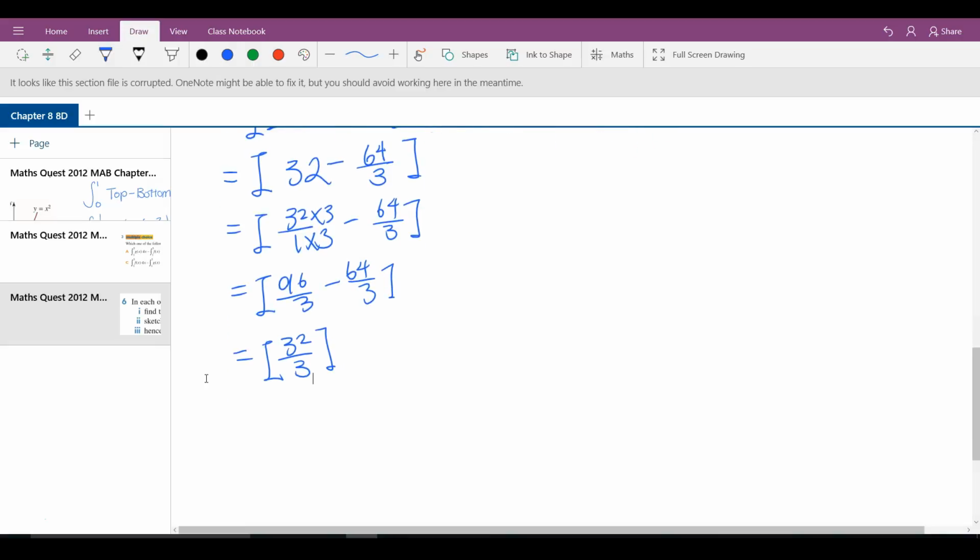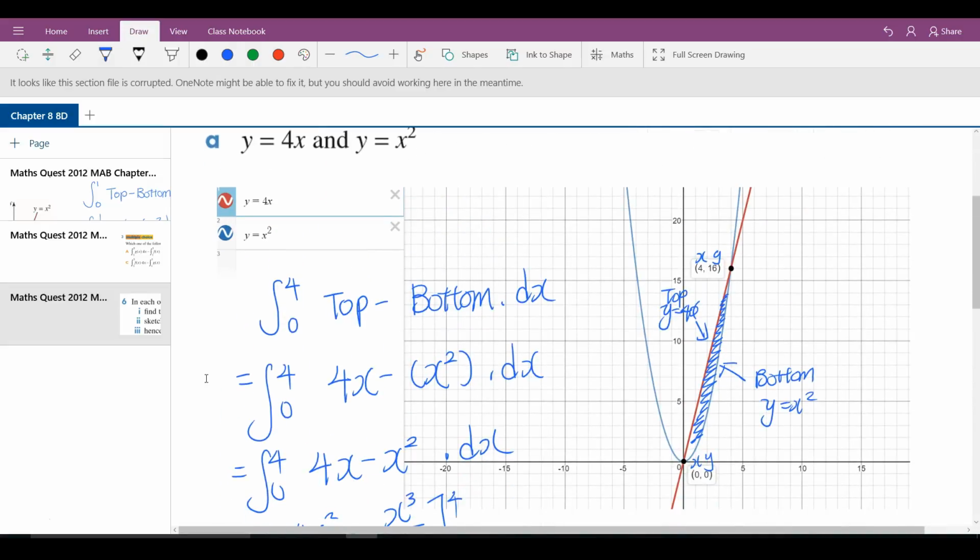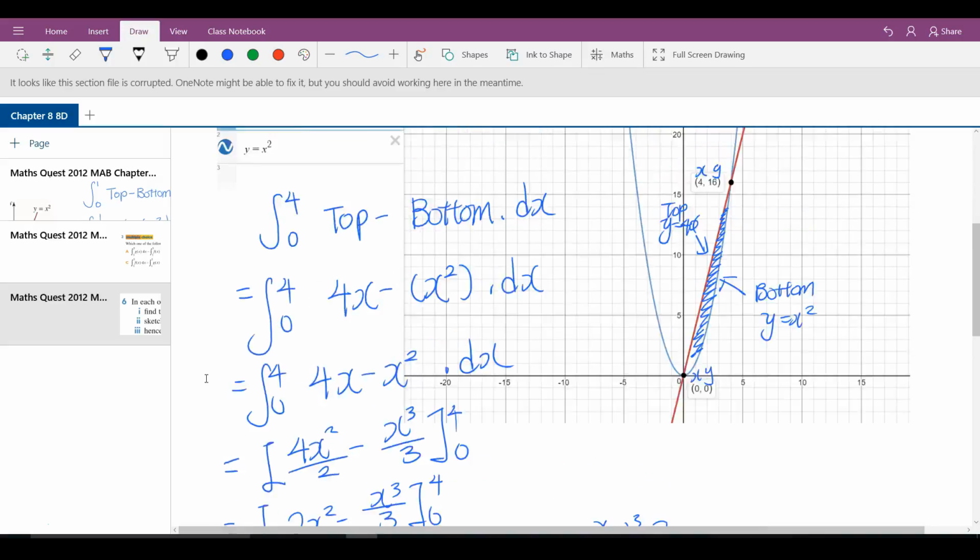I can leave it like this, or it's also equal to 10 and 2/3. It's the same expression. So that should be the area bounded by those two curves between x equal to 0 and x equal to 4. Let's move on to question B.